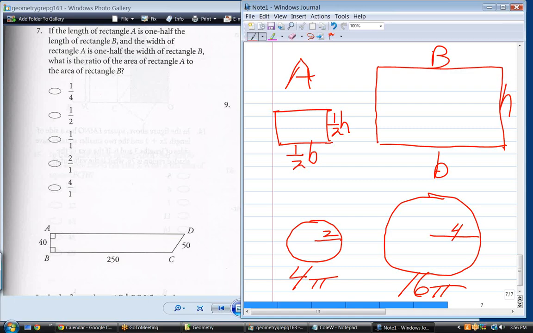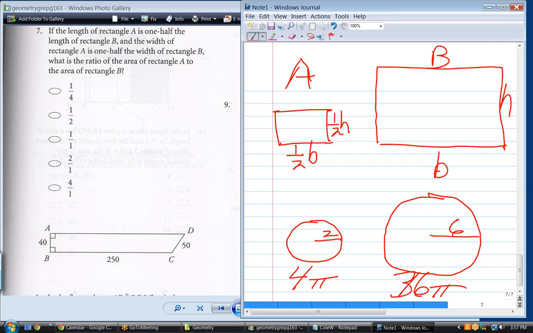Okay? So let's assume that it was a 2 to 6 linear ratio. In other words, this circle has a radius of 2, this circle has a radius of 6. That's a 3 to 1 linear ratio, but this ends up having an area of 36 pi compared to 4 pi.